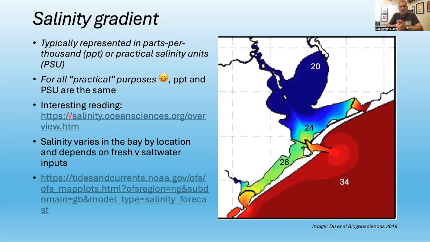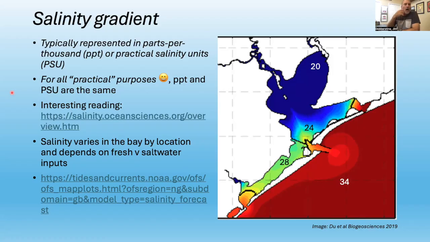You will also see salinity represented in milligrams per liter. That is very common, same thing as parts per thousand. Here in the US, I would say PPT is still probably the most common, although I see PSU more and more often because of our instrumentation. For instance, one of my favorites, the HANA Datasonde, represents salinity in PSU.